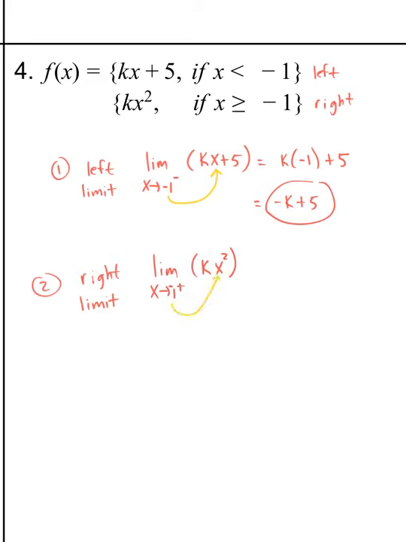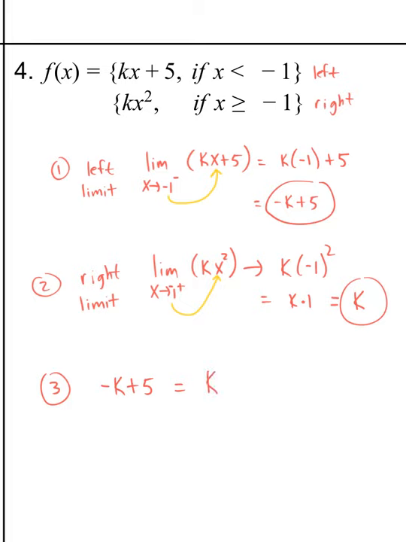Don't plug it in for k. Okay, so I get k times negative 1 squared. That gives me k times 1, which is just k. Okay, so that is my right limit. Third step, we set the left limit, negative k plus 5, equal to the right limit, k.